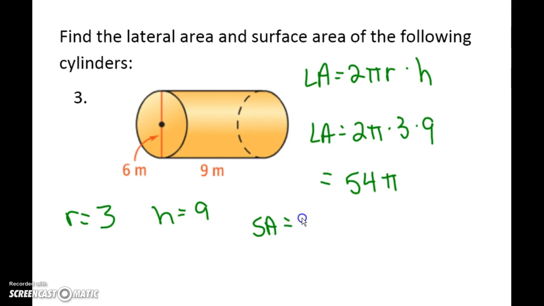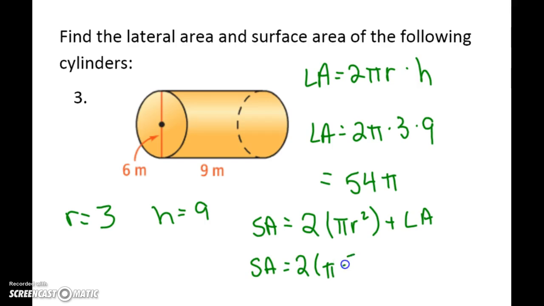Surface area is 2 bases, that's 2 times the area of the base is pi r squared, plus my lateral area. So surface area equals 2 times pi, r is 3 squared, plus, I already found the lateral area of 54 pi.